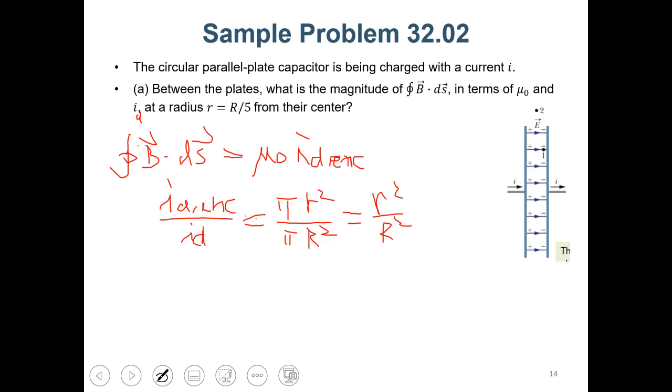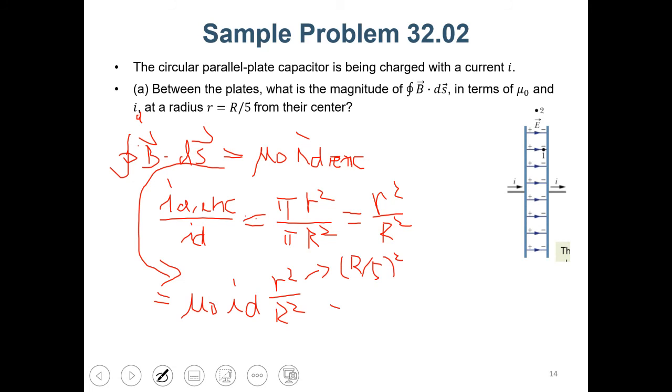So in that case, this one should be mu0 ID r square over capital R square. And r is capital R over 5, so it turns out to be mu0 ID over 25.